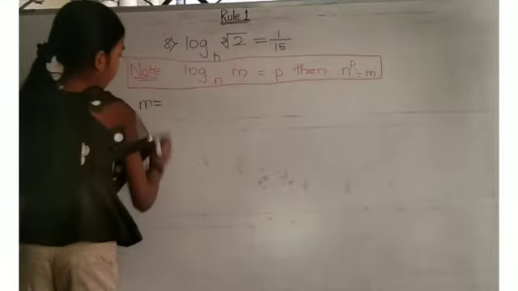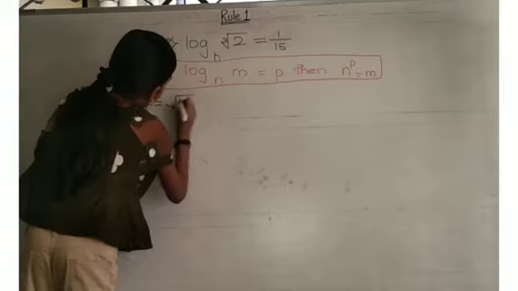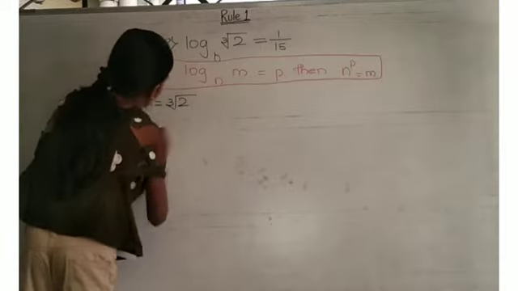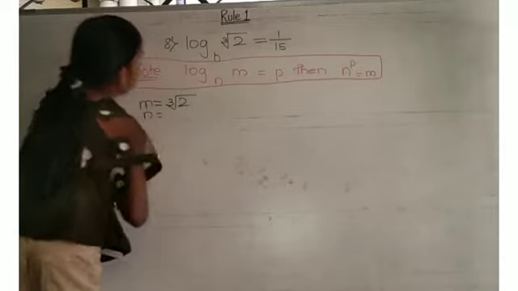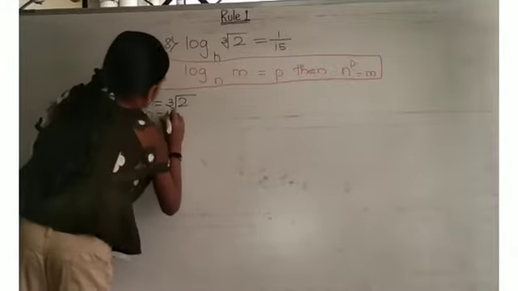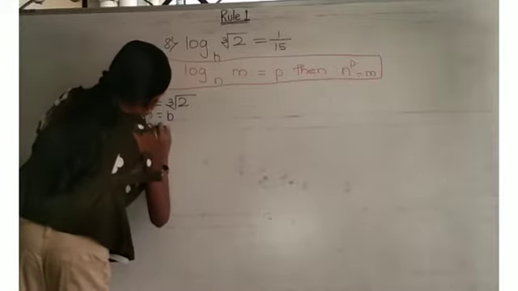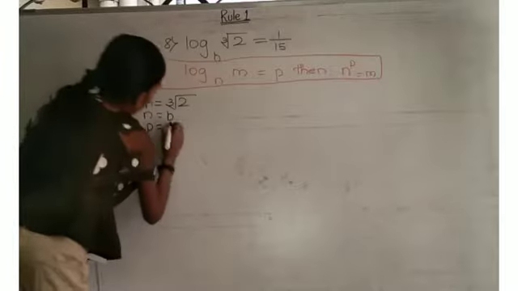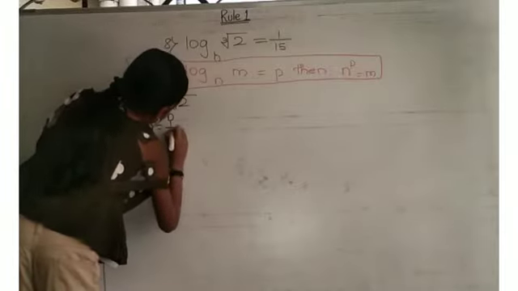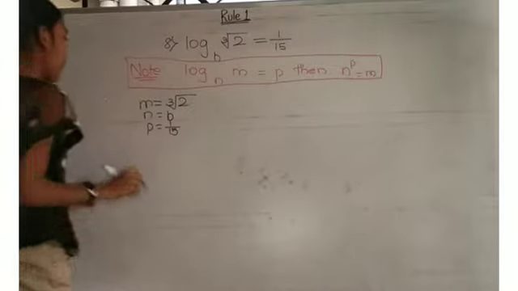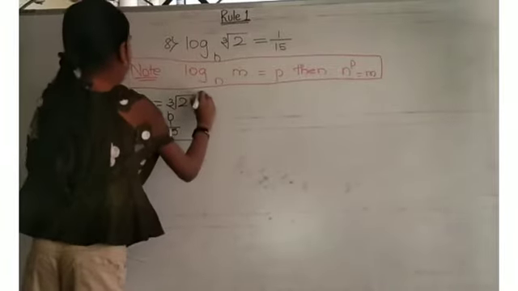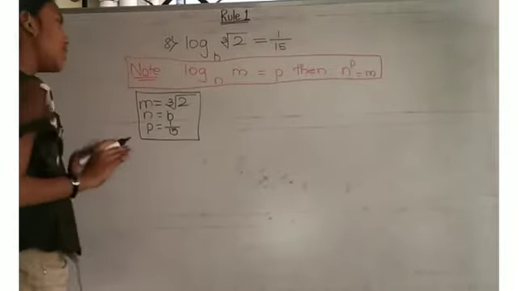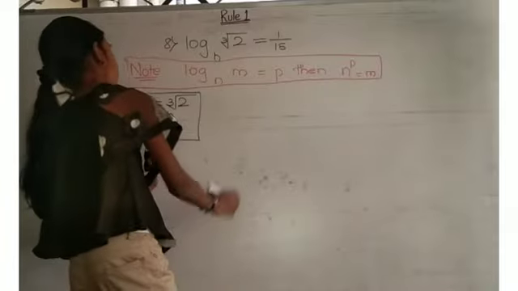So m is equal to cube root 2. N is equal to b. P is equal to 1 upon 15. These are the values. Now we will solve in a simple form.